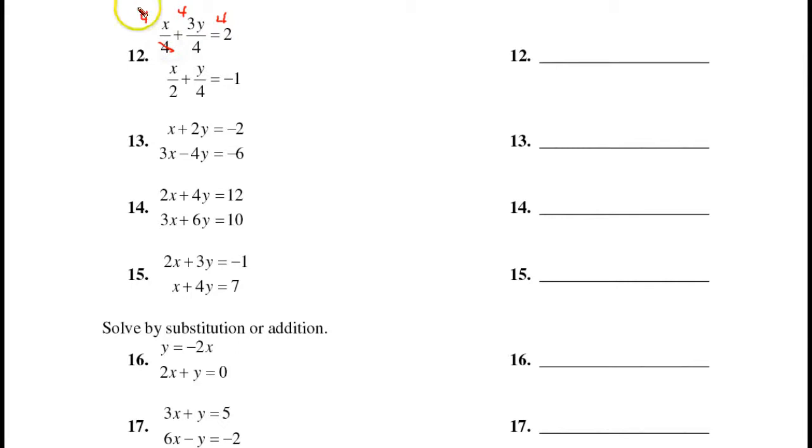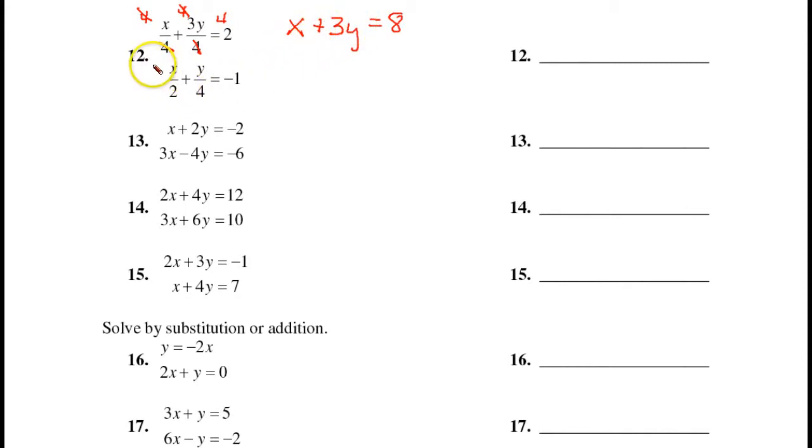So here the 4's cancel out, and I'm left with x. 4 cancels out, and I'm left with a plus 3y. And here I'm left with an 8. So this original equation and this equation are equivalent. The values of x and y are the same.